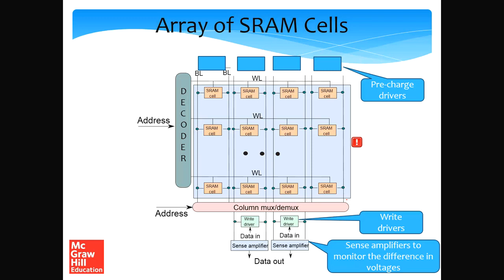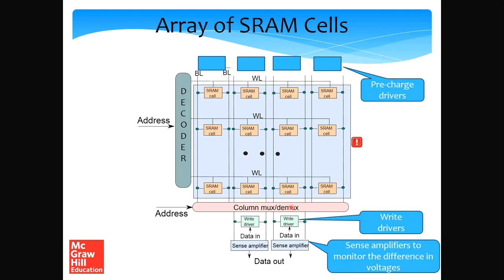So what does an array of SRAM cells now look like? We have our previous diagram. The only additions are as follows. We have a set of pre-charge drivers, as you can see on the top. What these pre-charge drivers do is that they help in pre-charging the bit lines before a read.